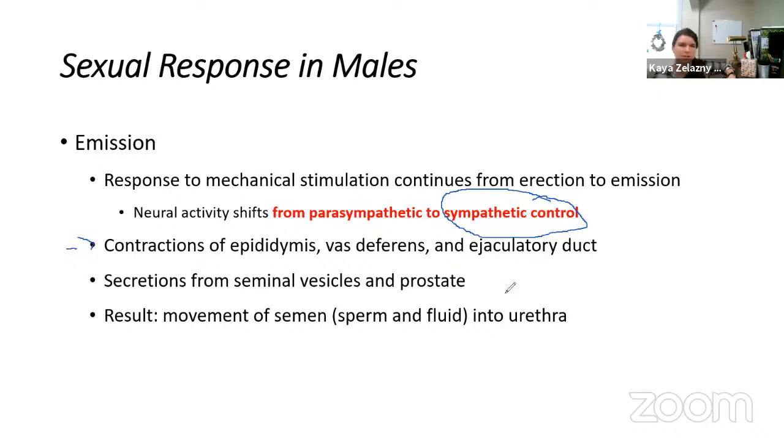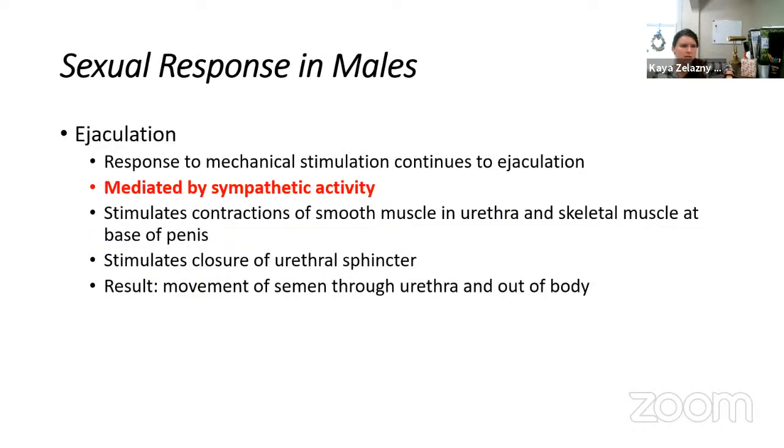We have progressive contractions moving sperm down the tube, and secretions mixing in, leading to the volume of semen. The sperm is coming from the testes, but the fluid is coming from the seminal vesicles and the prostate. We have the movement of sperm into the urethra, leading eventually to ejaculation as mechanical stimulation continues.